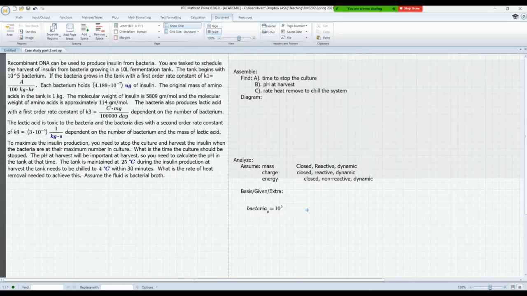We also know that you're given a bunch of these first order and other constants here that you need to record. So for me, K1 would be A, let's say it's 2 over 100 kilogram hours.